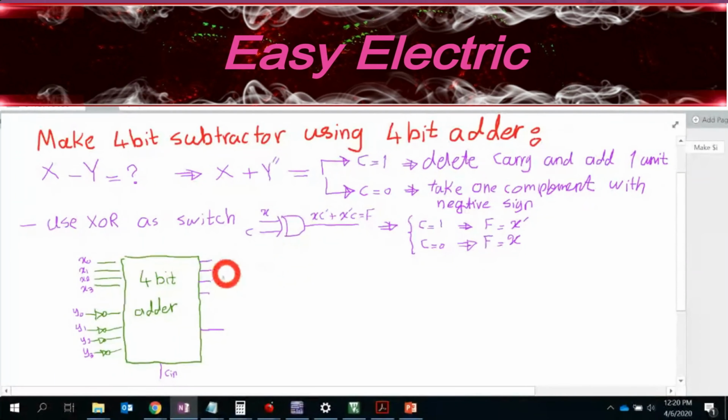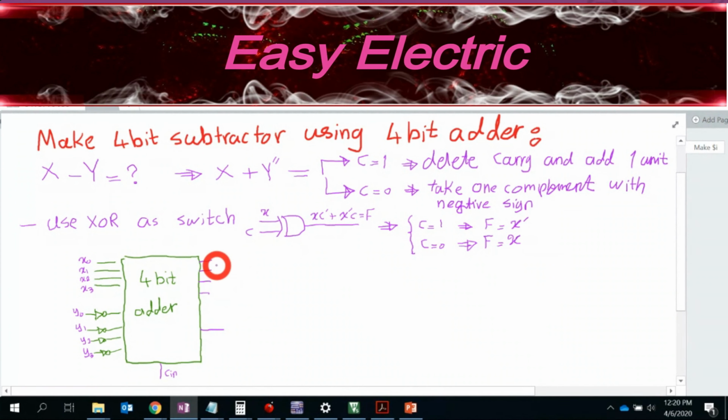If the carry is 1, I need to delete the carry and add 1 unit. So if C is 1, I don't need to take the first complement of my output. Whatever you got should be your output. If that's 0, I need to take a 1's complement.